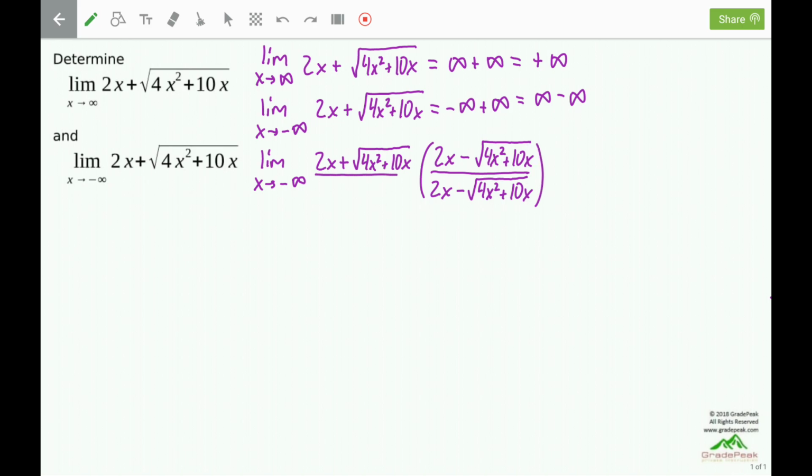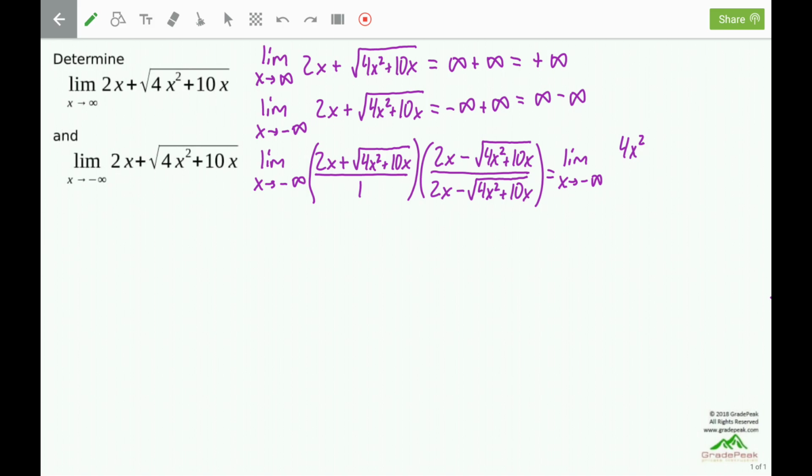The original term we can put over a 1 so that we can multiply the denominators as well as the numerators. Now we will multiply these together. In the numerator we have a root conjugate pair, so we will FOIL that out. First, 2x times 2x will be 4x squared.